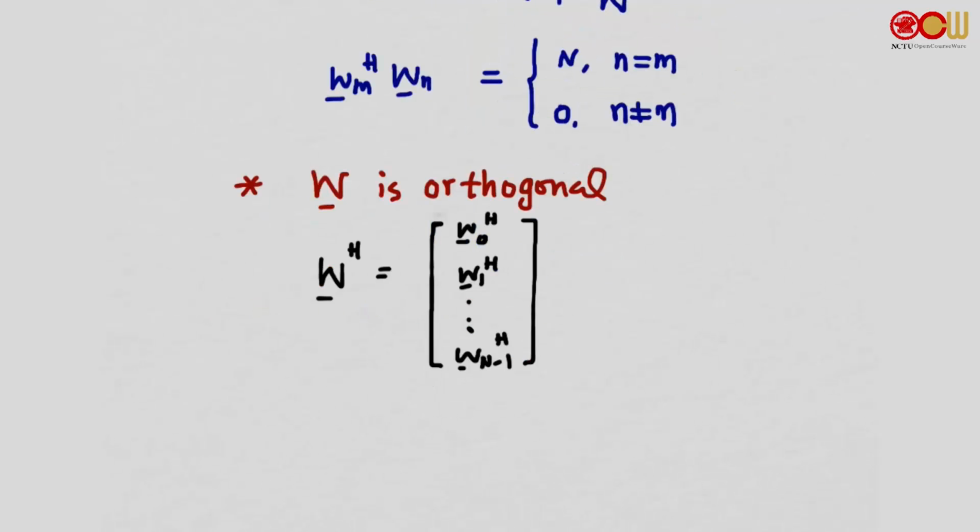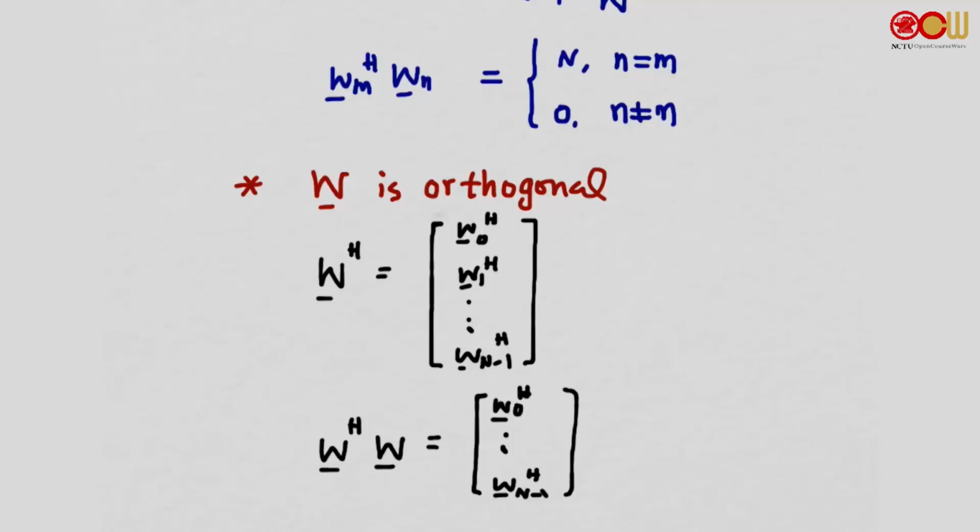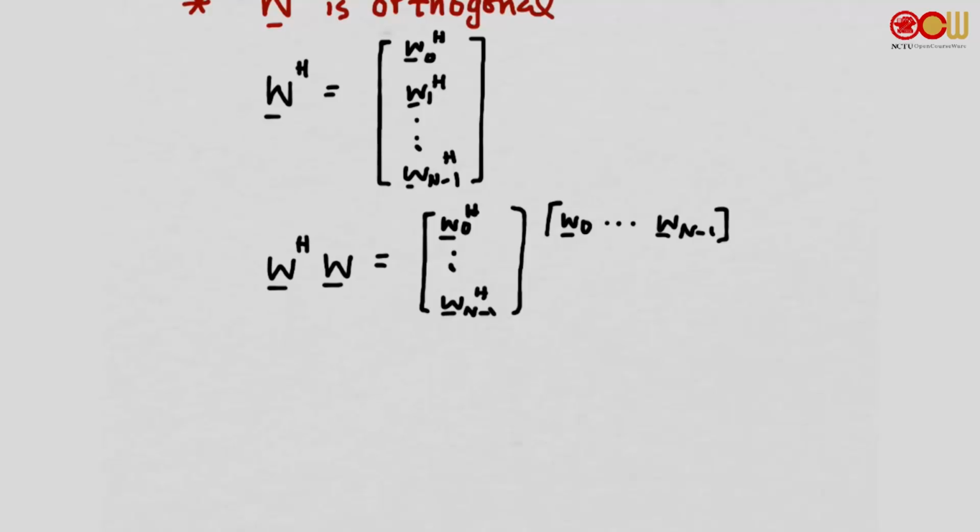If we multiply W Hermitian and W together, we get W_0 Hermitian all the way to W_(N-1) Hermitian, and then W_0 to W_(N-1). If we multiply out, for the first element, it will be W_0 Hermitian W_0.